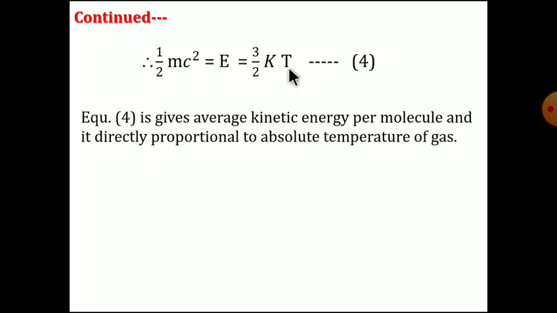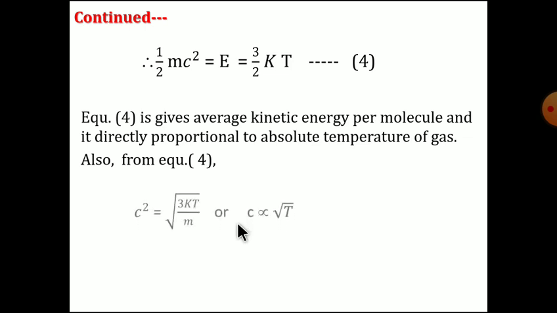Since 3 by 2 k is a constant, the average kinetic energy per molecule, half mC square or E, is directly proportional to T. From equation 4, we also prove that the root mean square velocity depends on temperature. Therefore, we write the equation C is equal to under root 3 kT by m. 3k by m is a constant.